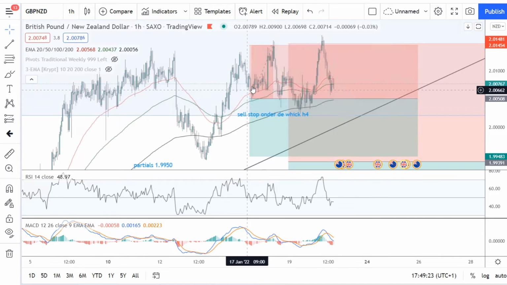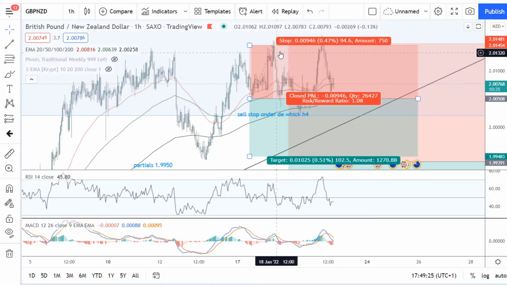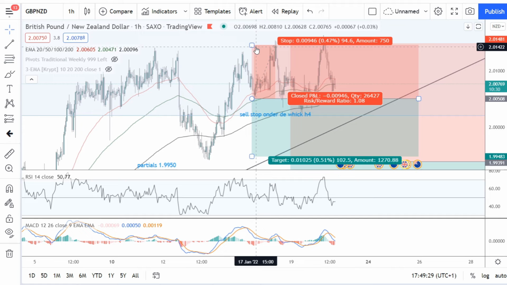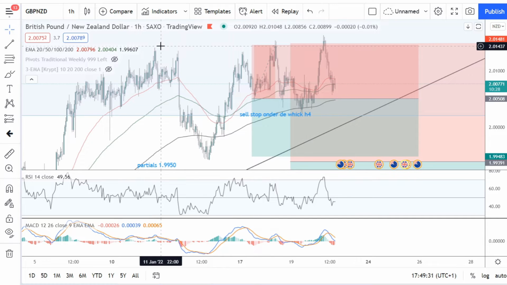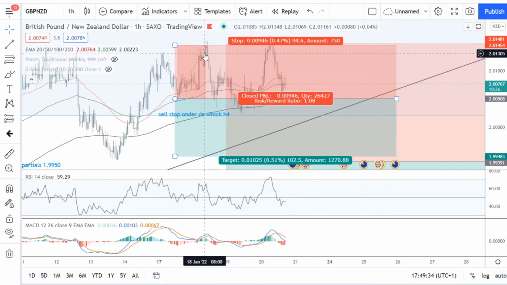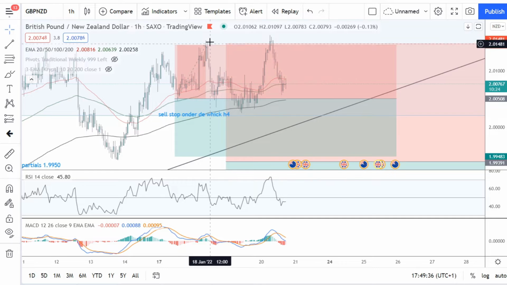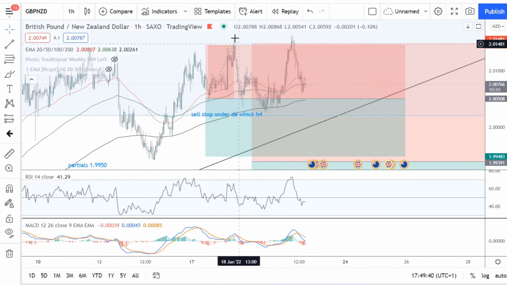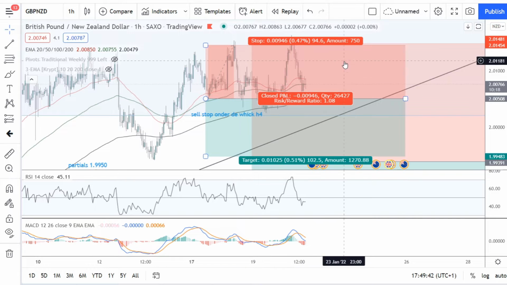So I took a trade about here, then it went to the upside, and as you can see, normally I would place my stop loss over here above the highest point, and then as you can see, two spikes to the upside, two wicks, and normally my stop loss would get hit, and then it goes to the downside, and again it spikes people out, and then it goes to the downside, so it dropped.